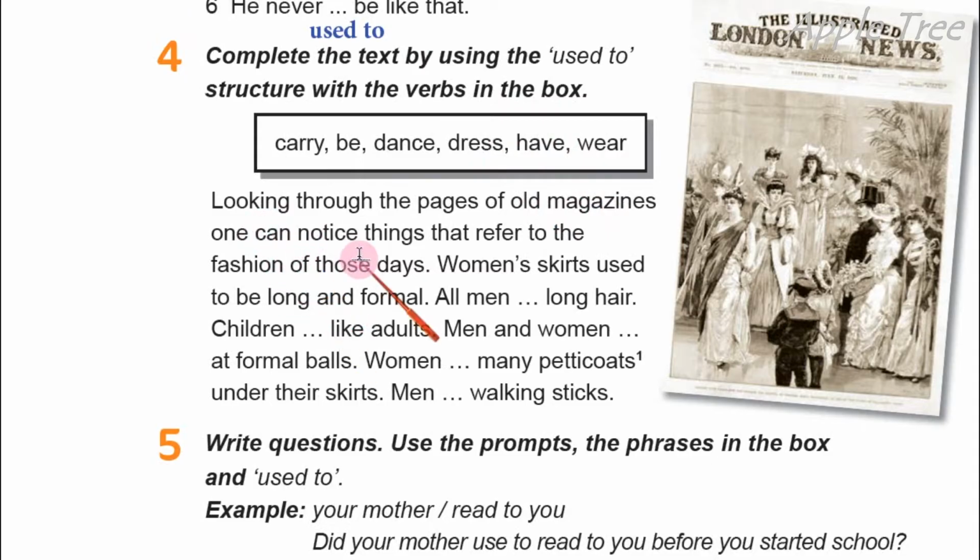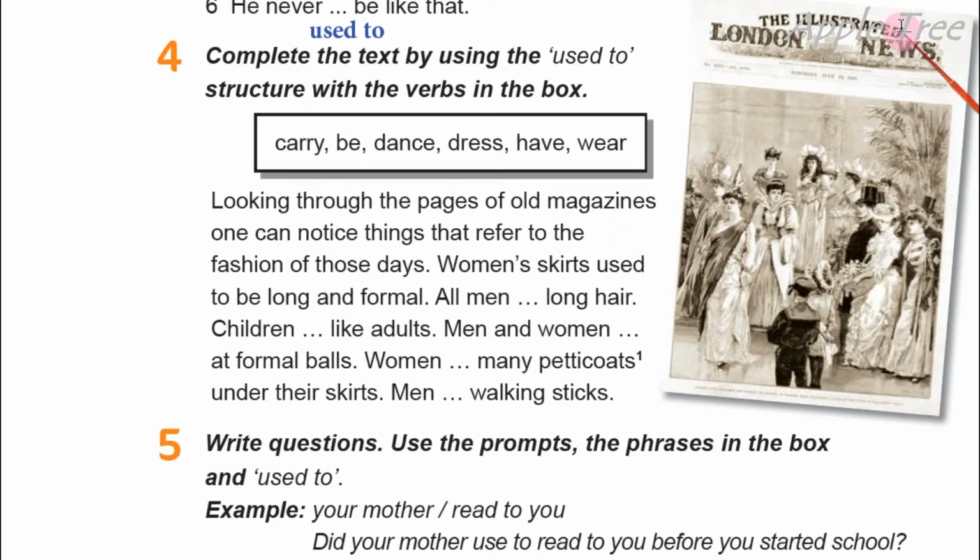So, looking through the pages of old magazines, one can notice things that refer to the fashion of those days. Переглядаючи сторінки старих журналів, one – це людина, тобто хтось із людей може помітити речі, які стосуються моди тих днів.